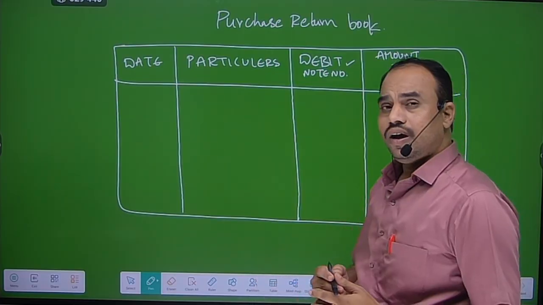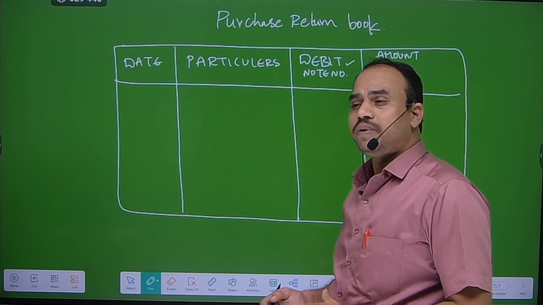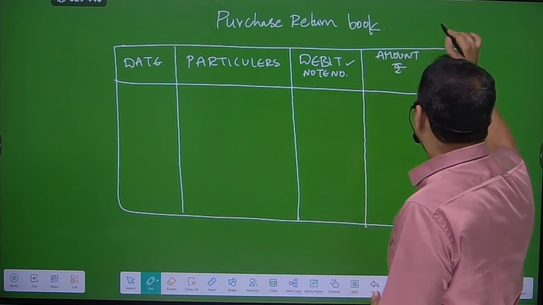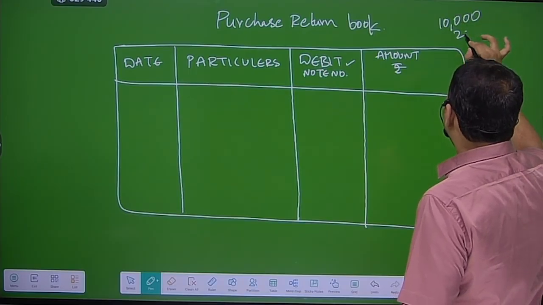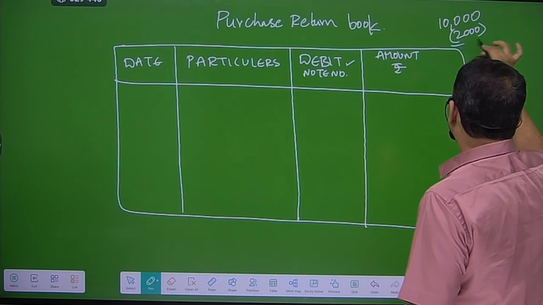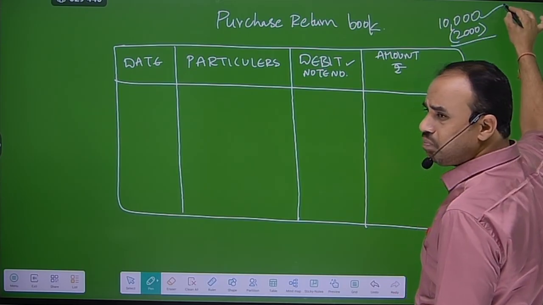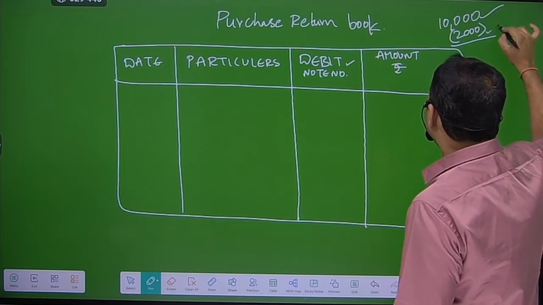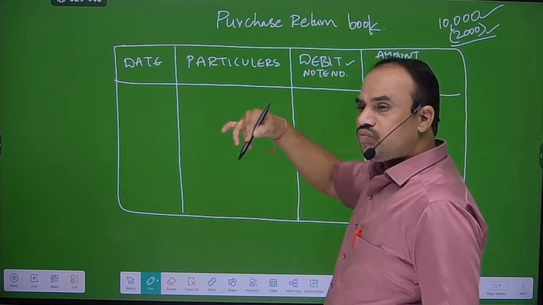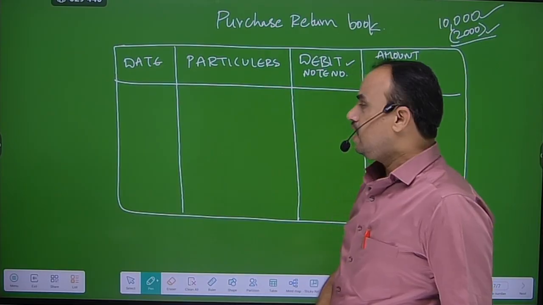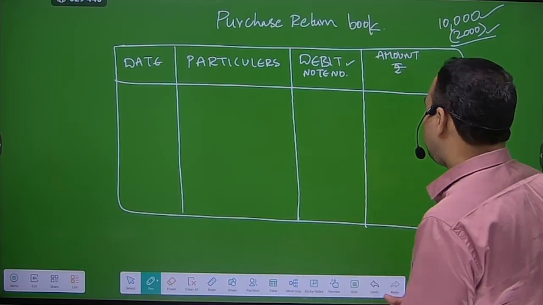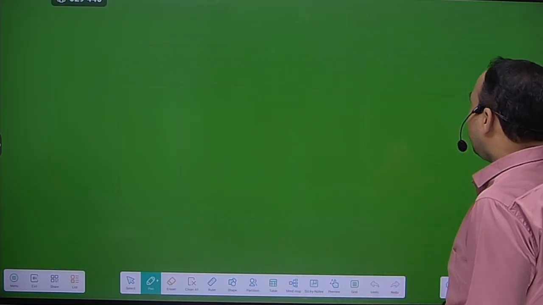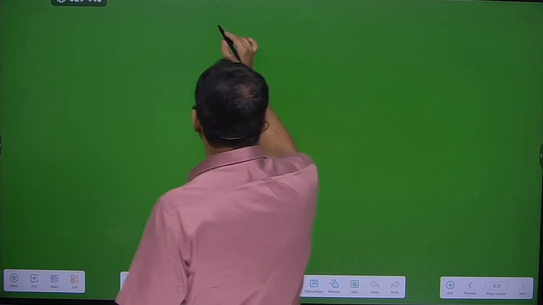Next, how much quantity we purchased. For example, we purchased 10,000 goods, and out of this 10,000 I returned only 2,000 goods. We will mention both the quantity we purchased, 10,000, and the quantity we returned. So these are the items mentioned in a debit note, asking for 2 marks. Remember. Next, one more account, that is the sales return book.